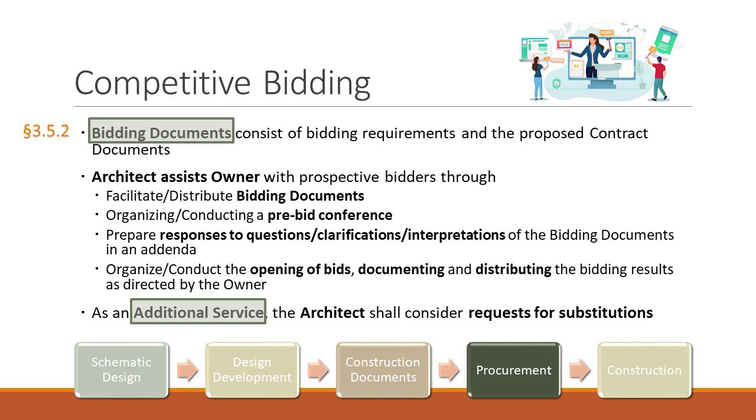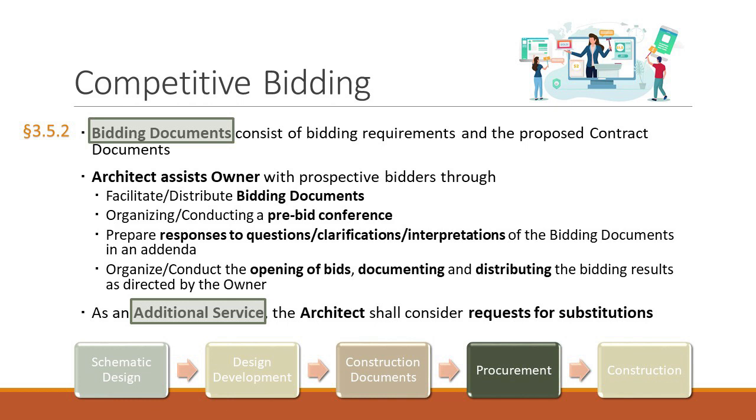In competitive bidding, the bidding documents shall consist of bidding requirements and the proposed contract documents, such as the drawings and the specifications that you produce during the construction document phase. The architect shall assist the owner in bidding the project by: 1. Facilitating the distribution of bidding documents to prospective bidders. 2.